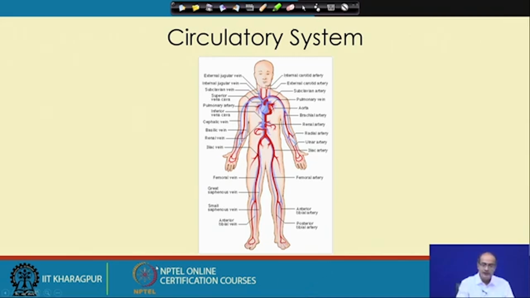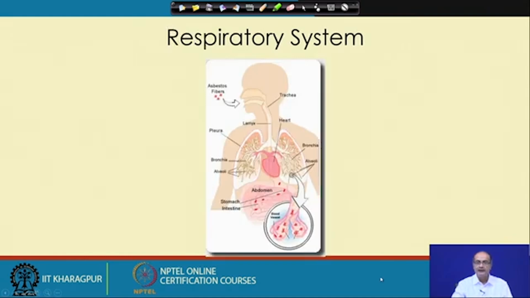Now, next we will look at the respiratory system. It is another important system. Without respiration we cannot live.